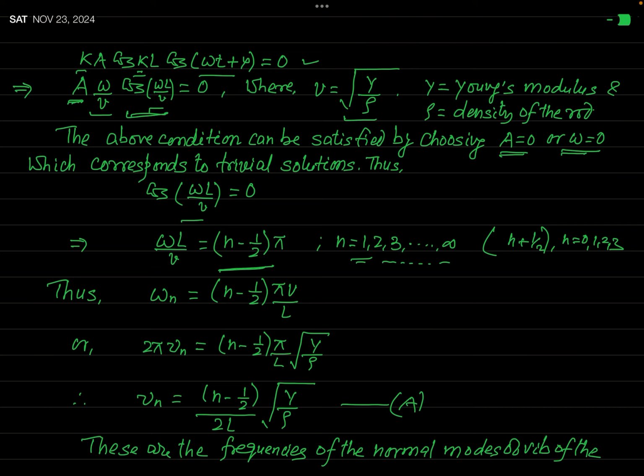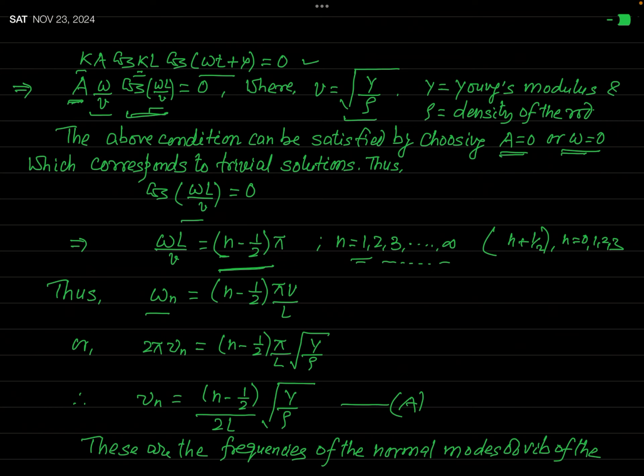And so you can see here, since L and V are constant, for different values of n, omega will have different values. So let us consider that when n is equal to n, then we will write this omega as omega n, not only omega. Okay?